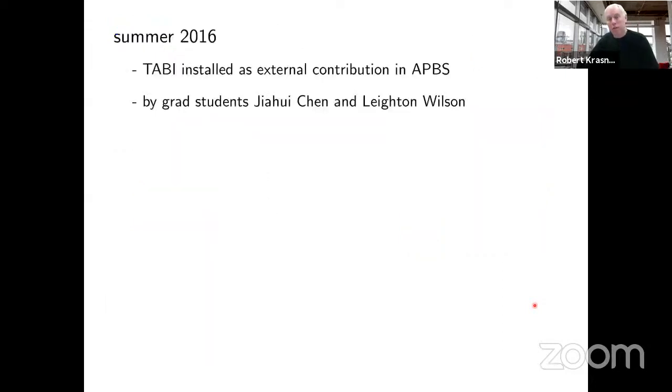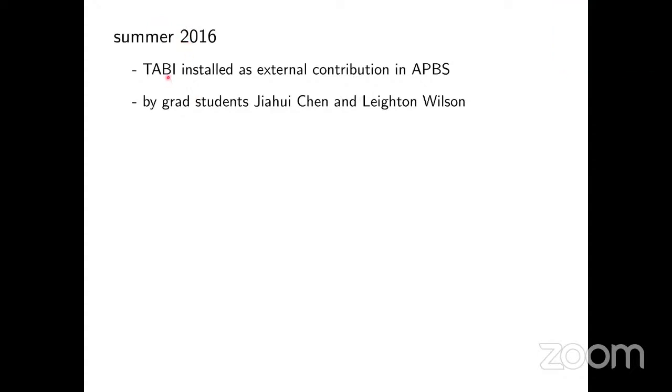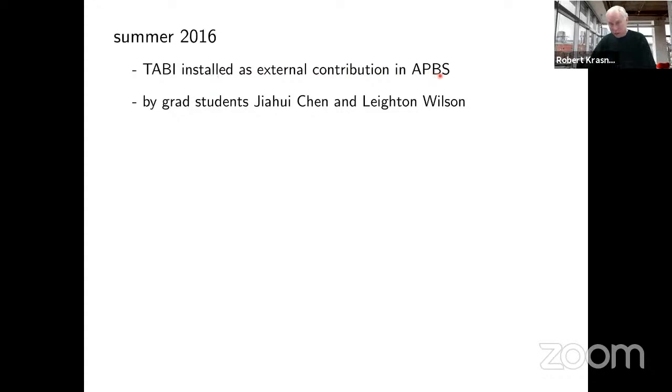So a few years later, in the summer of 2016, TABI was installed as an external contribution in APBS. Nathan Baker began accepting external contributions, and we were one of several groups that had their codes installed there as options in APBS.